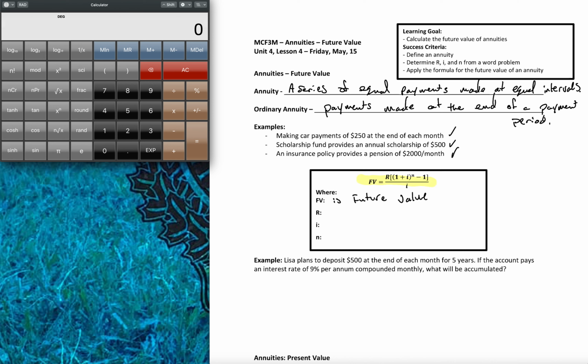So this is the regular payment. I is the interest rate per interest period. And N is the total number of interest periods.